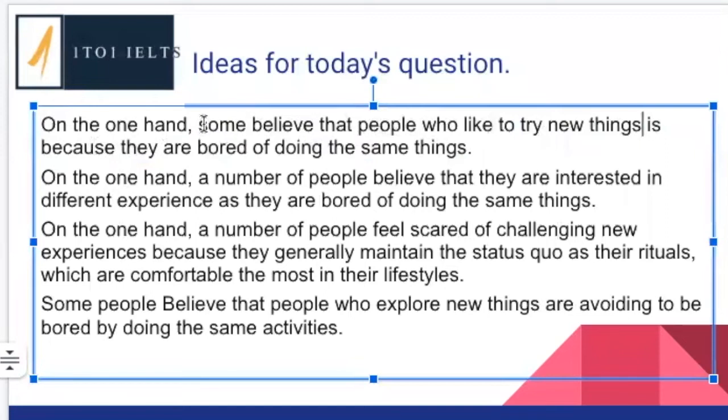You could have a reason. Maybe we could have "do so because." Some people that like to try new things do so because they are bored of doing the same things. Okay. So we've gone through this and we fixed vocabulary and grammar issues.